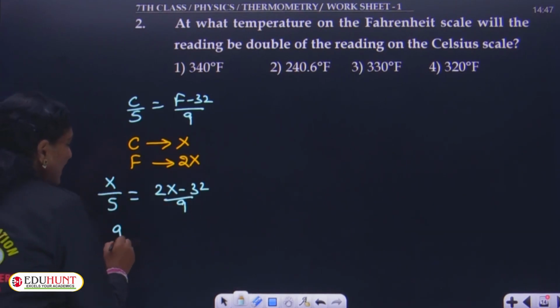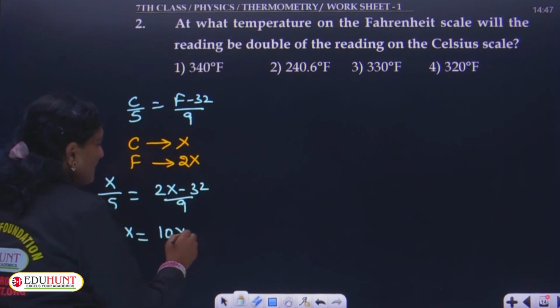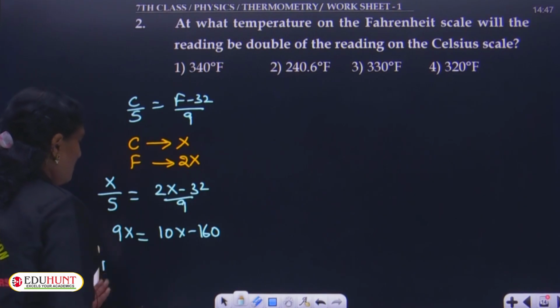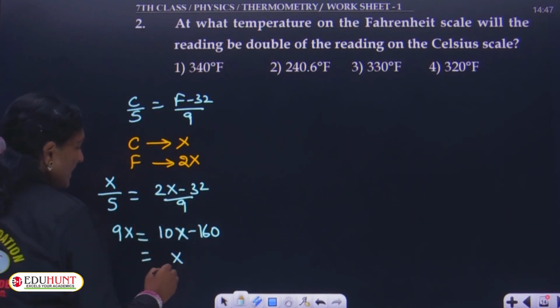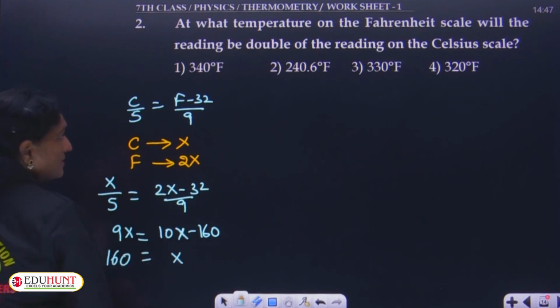Cross multiplying, we have 9x equals 10x minus 160. This is x, children, not a multiplication symbol. Bringing the 9x to the other side, we have 10x minus 9x, which is x, equals 160.